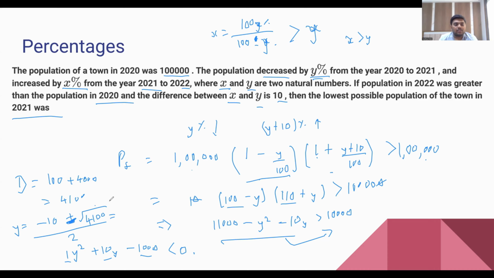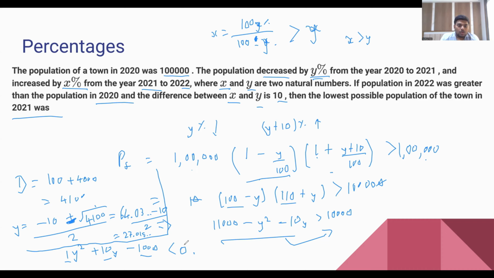Now, the square root of 4100 is equal to 64.03 something, minus 10, by 2, which is equal to 54 point something by 2. So it will be 27.015 something. Okay.